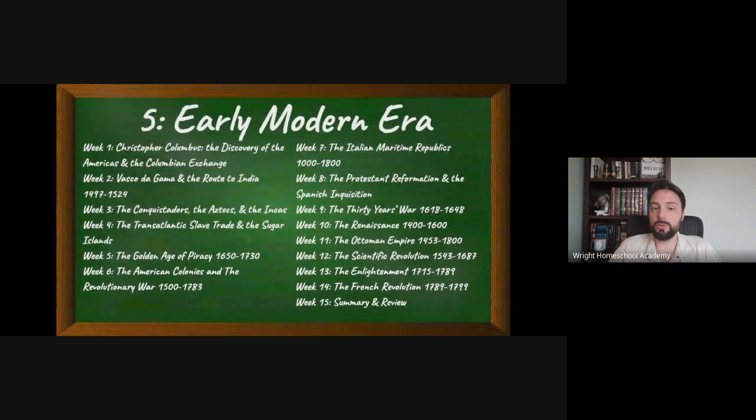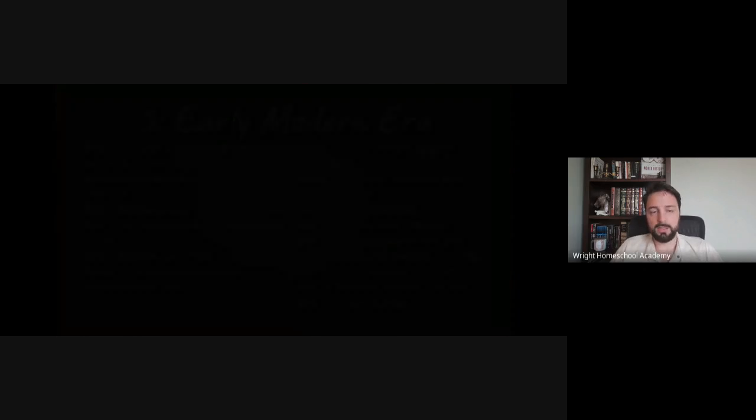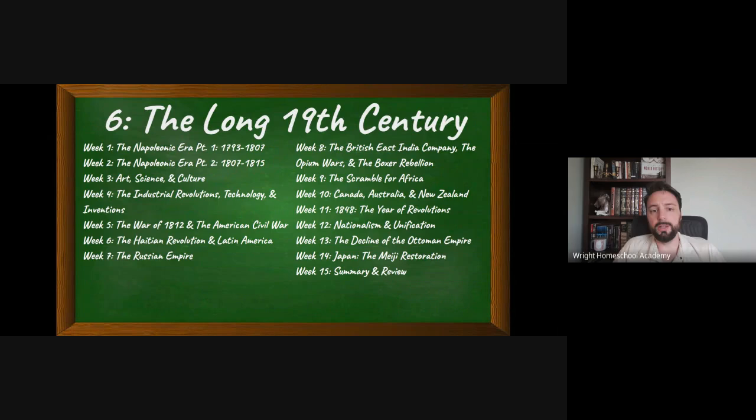After that, we get into the Early Modern Era. So this is the period of exploration, discovery, and settlement of the world, and also some revolutions towards the end, as you can see here. The 6th section covers what's called the Long 19th Century.